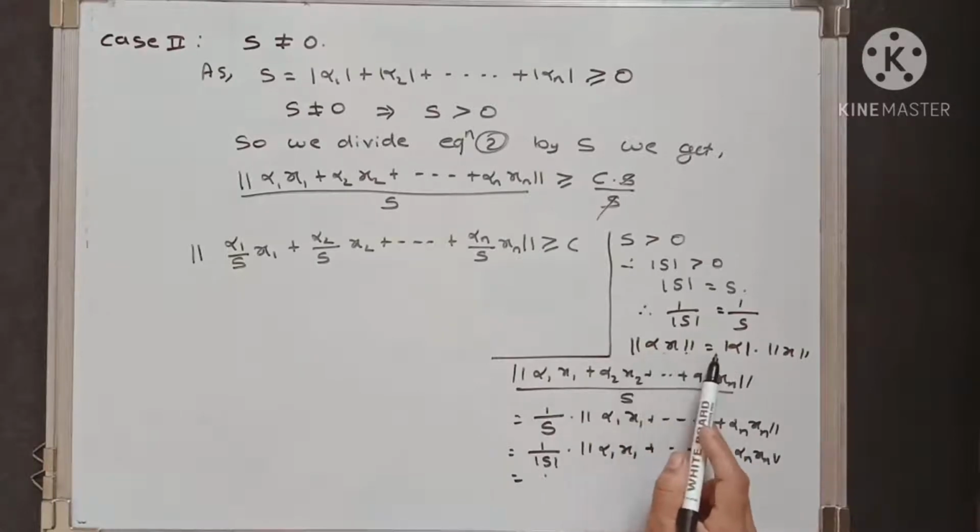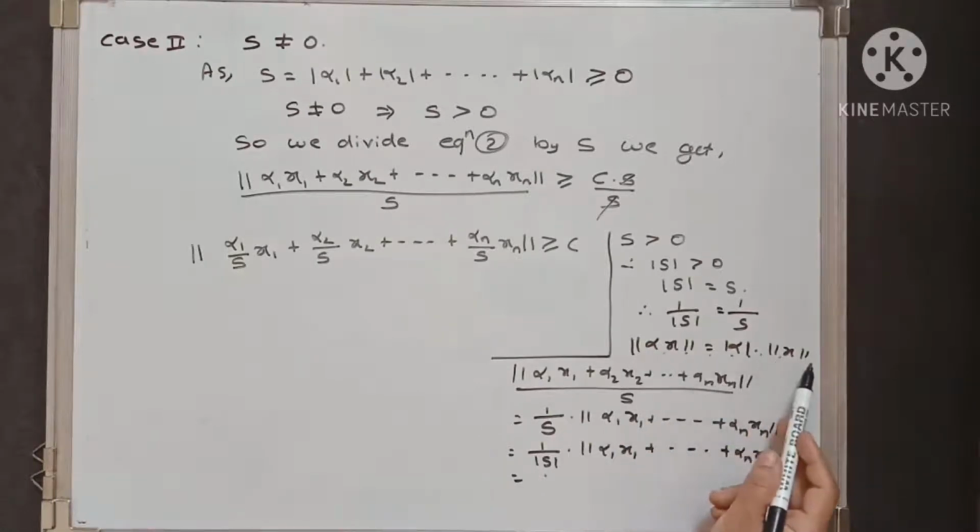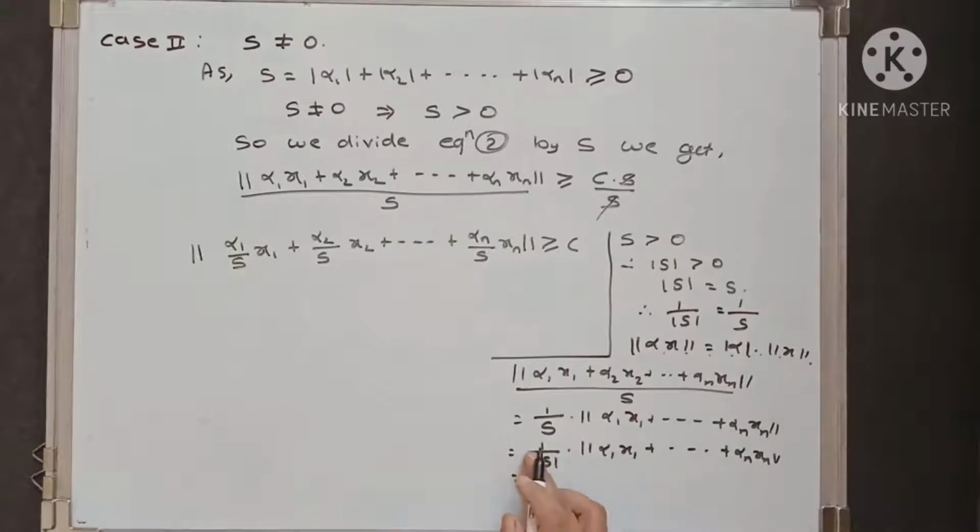Now as we are saying that norm of alpha x equals mod alpha into norm of x, here instead of 1 by mod s, we may take it as mod of 1 by s into this. It becomes norm of 1 by s in bracket alpha 1 x1 up to alpha n xn.